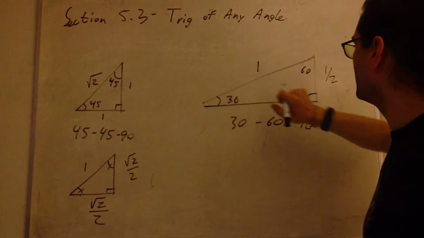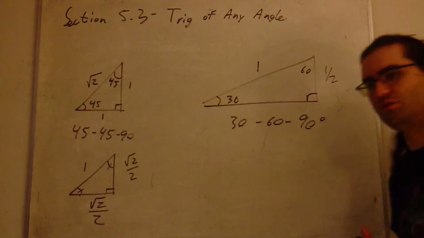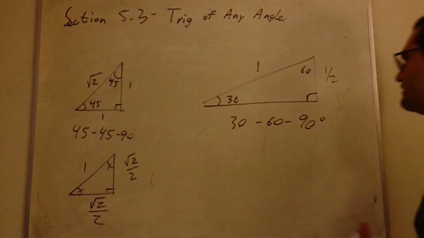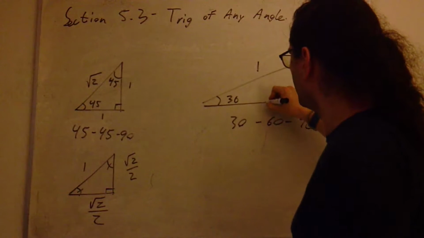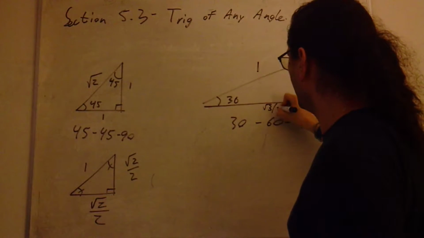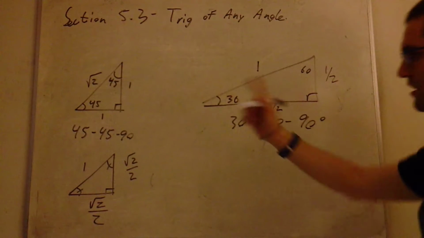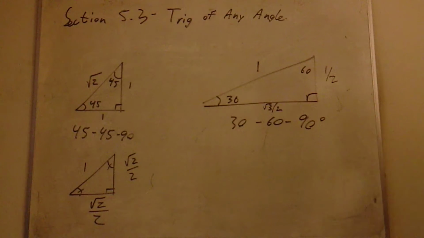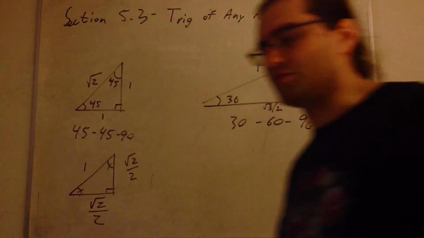So if this is 1, this is 1/2, and then we can use the Pythagorean theorem from there to find out that the third side should be root 3 over 2. So that's the 45-45-90, and this is the 30-60-90. Make sure this is in your notes. We're going to be using this information a lot for the rest of these videos.